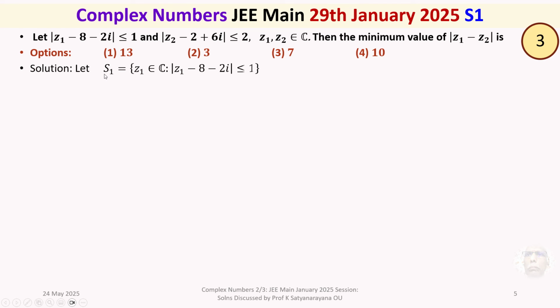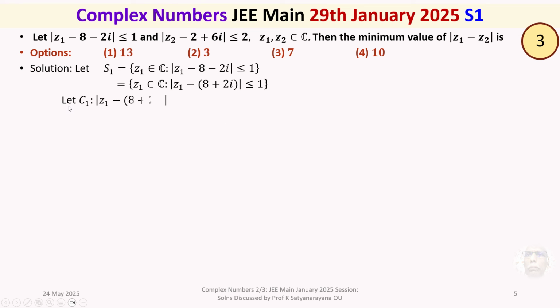Let S1 be the set consisting of all Z1 belongs to C such that modulus of Z1 minus 8 minus 2i is less than or equal to 1. And this is the set of all Z1 belongs to C such that modulus of Z1 minus in brackets 8 plus 2i is less than or equal to 1.